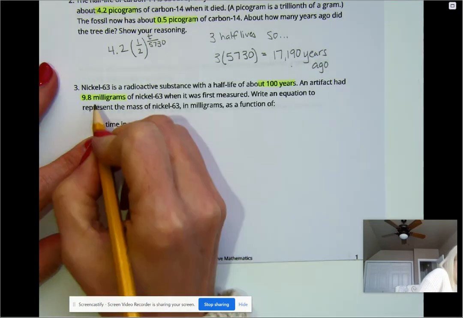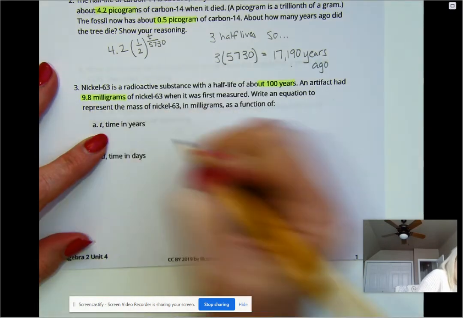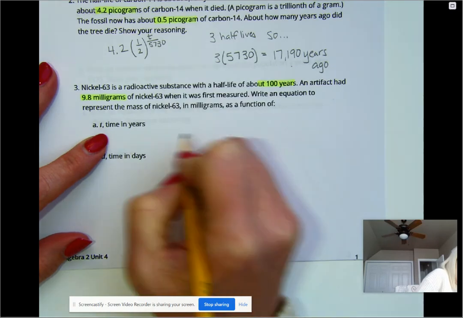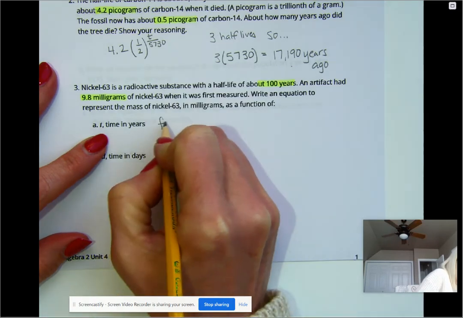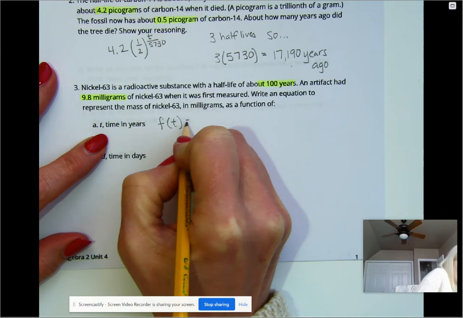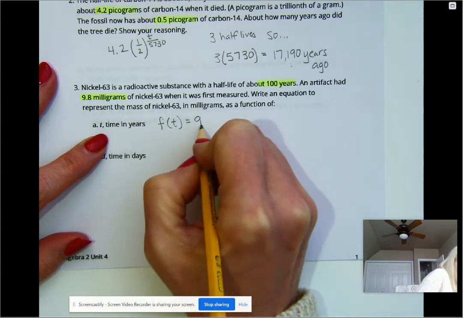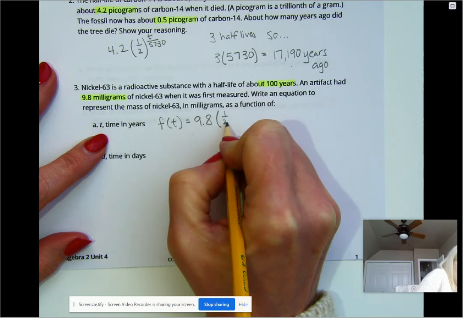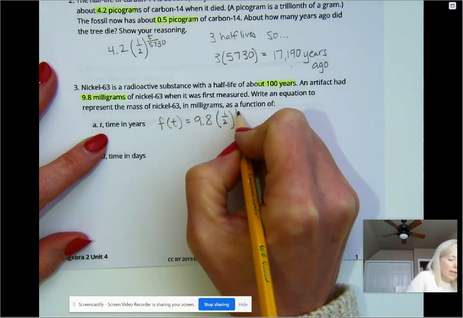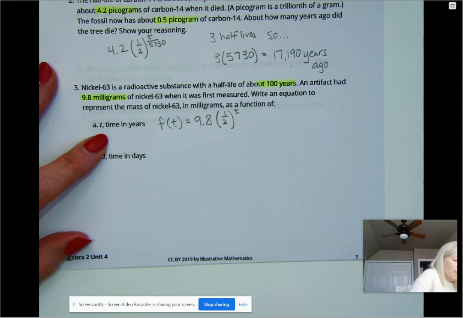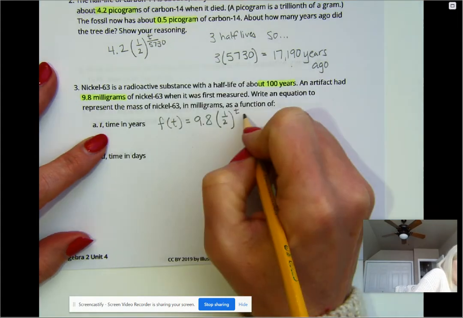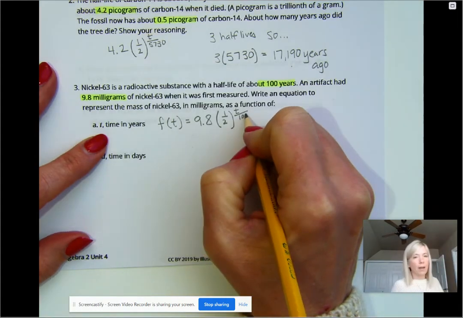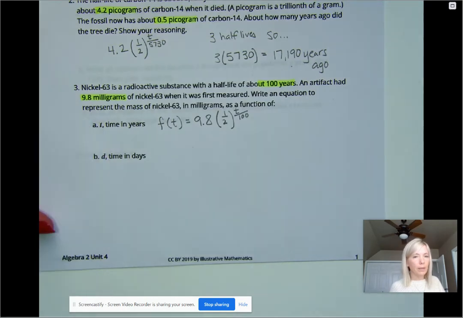So I'll just use f of t. The initial amount is 9.8. This is a half-life, and every year it's going to decay just a little bit out of the 100 years it takes for an actual half-life to happen.